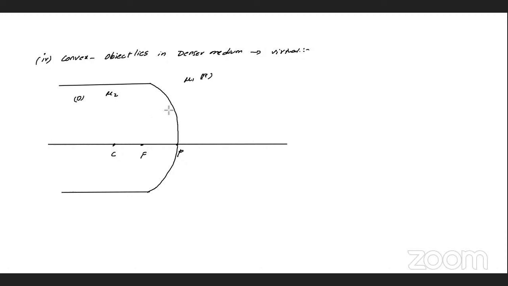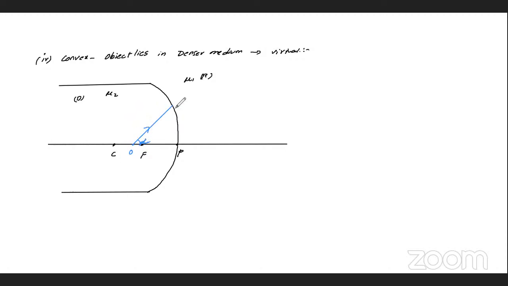So the object should be such that it forms a virtual image. Let's see that. So here I'll just take an object. I'll allow the light ray to pass through it. This is a spherical surface. What will happen? The image will try to refract. Here this is your object ray, and the angle I'll take as alpha.